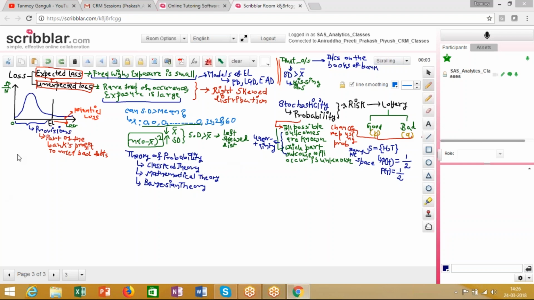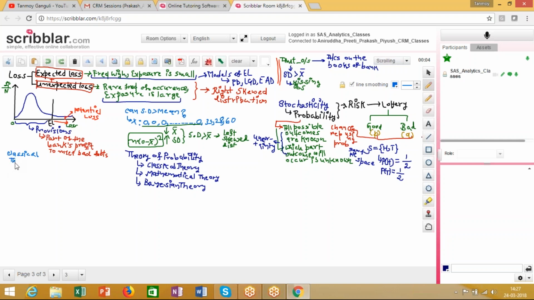So just to start off with it, the first topic that we start out with is called the classical theory of probability.